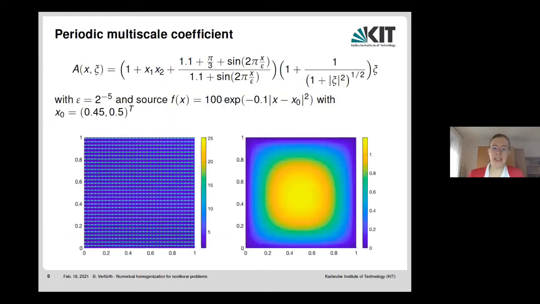So for the numerical experiment that I present here, I chose a periodic spatial multiscale feature that you see here on the left. The results are not limited to this. It was just the easiest case to consider here. And we have the following nonlinearity here. We have oscillations on the scale 2 to the -5, and we have a source function f, which is some Gaussian centered around the middle of the unit cube.